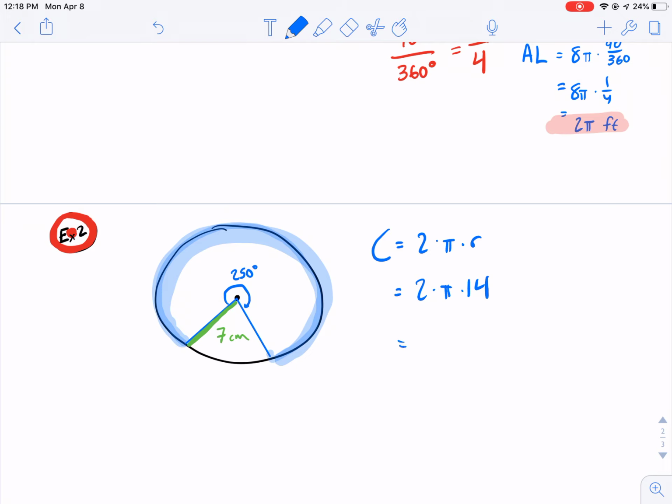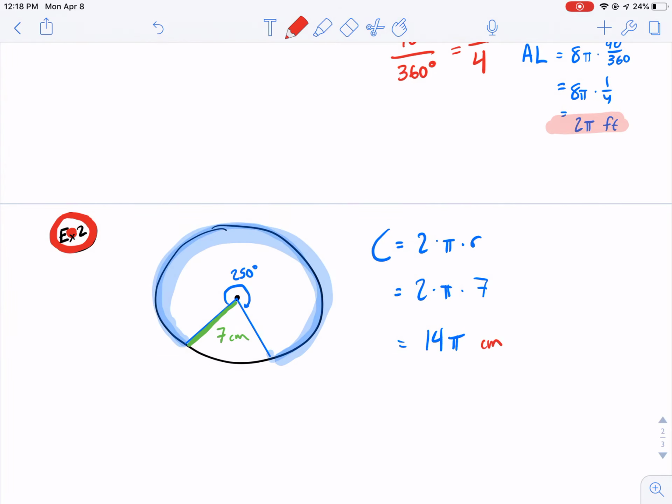Then we have 28 pi. I'm sorry, 14 would be twice the radius. I did that in my head. So 7, so we get 14 pi. Okay, we all make mistakes. Don't yell at me, please. And that is centimeters. That's the whole circumference.